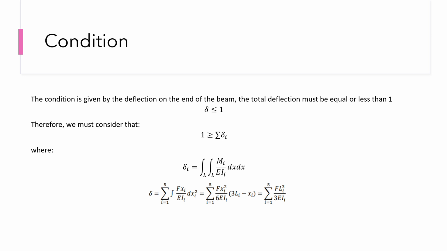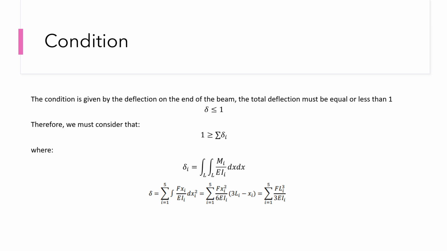Okay, so the condition is that the deflection on this problem is going to be less than or equal to 1. So we can't surpass this deflection of 1, and we know that the total deflection is going to be the summation of each deflection of each segment on the beam.